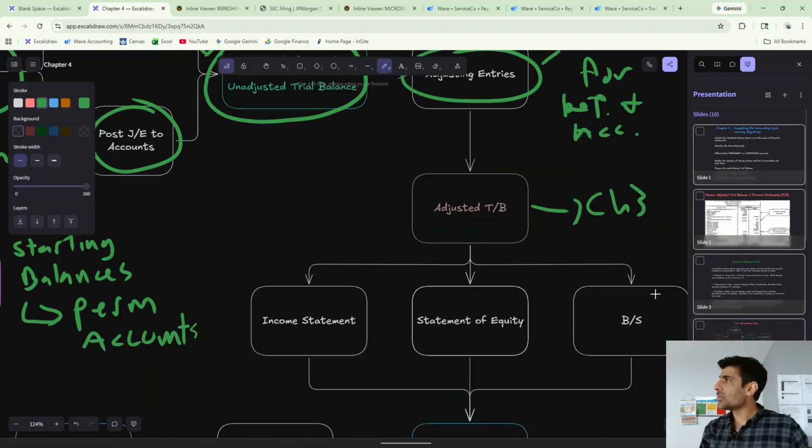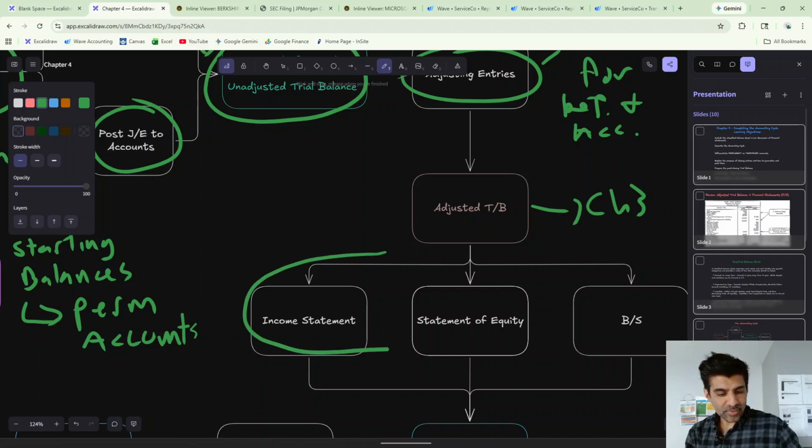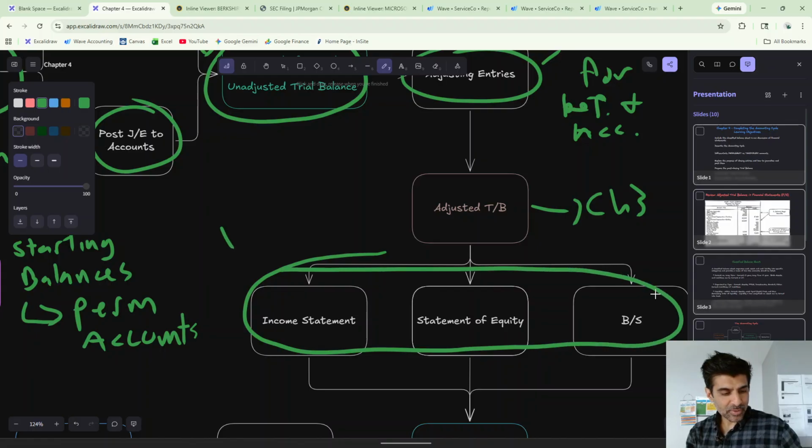We can then use those balances and convert them into these reports. Right? These are our financial statements. The financial statements are not changing anything in our accounting system. We're taking the information which is presented as debits and credits in our accounting system, and we're putting those numbers into these reports.